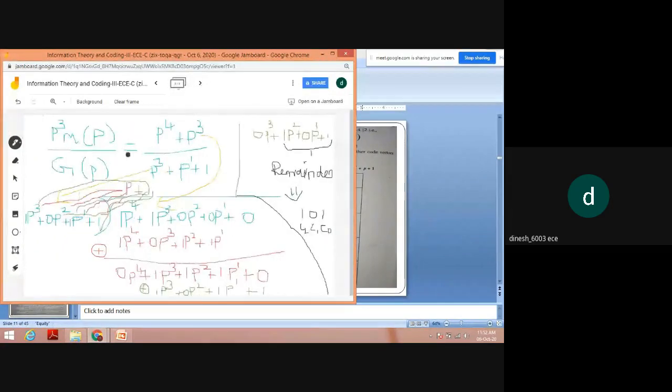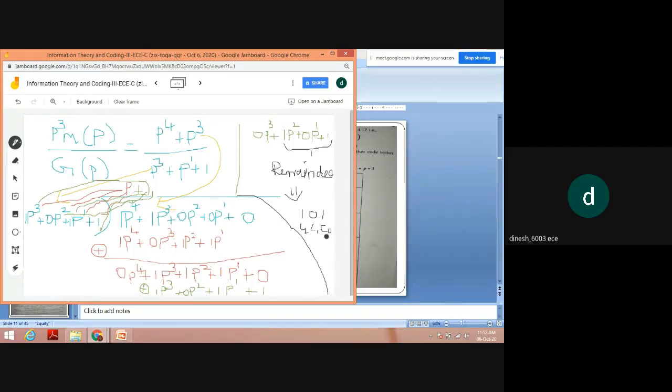That is divided by the generator polynomial p cube plus p power 1 plus 1. I wrote it with all the coefficients for better simplification. Then I did modulo 2 addition and found the remainder. So remainder is 1 p square plus 0 p1 plus 1.